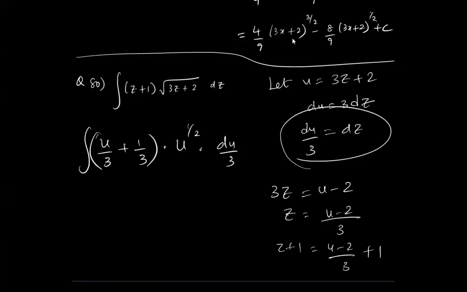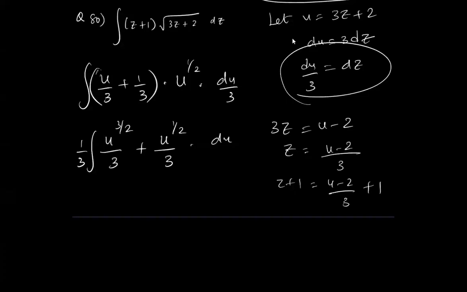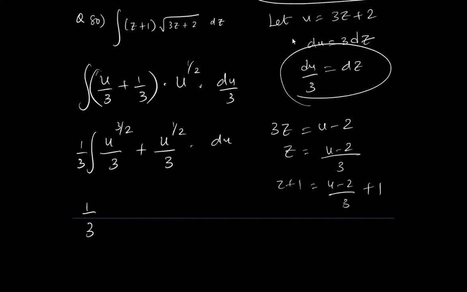I distribute it, then I will have u times u to the power of 1/2 is u to the power of 3/2 over 3 plus u to the power of 1/2 over 3, and there is also a du over 3, and that 1/3 can go out. Okay, so then I take the integral.